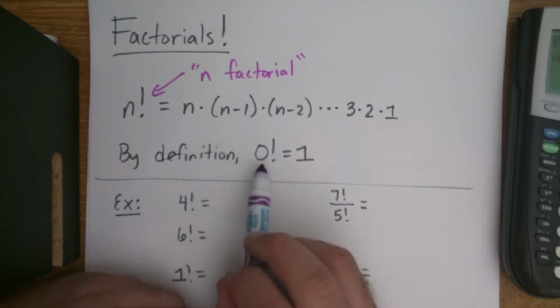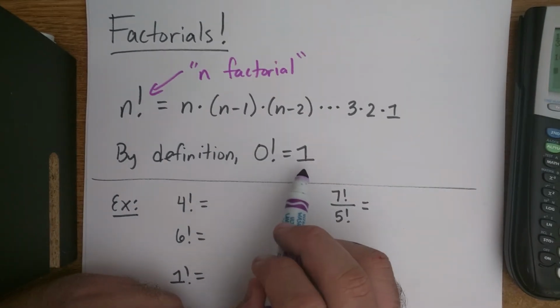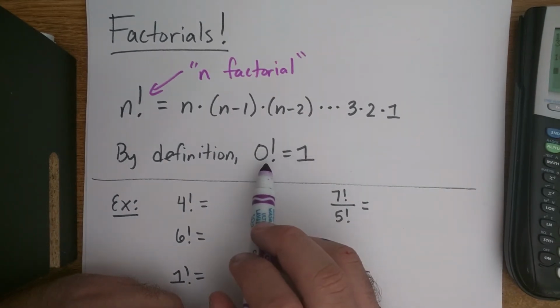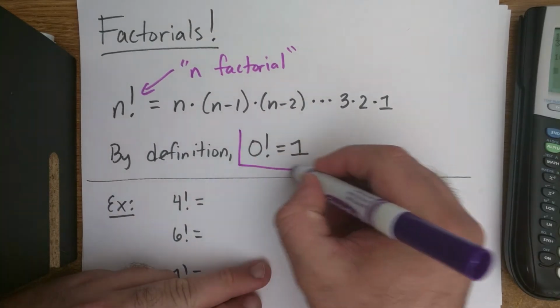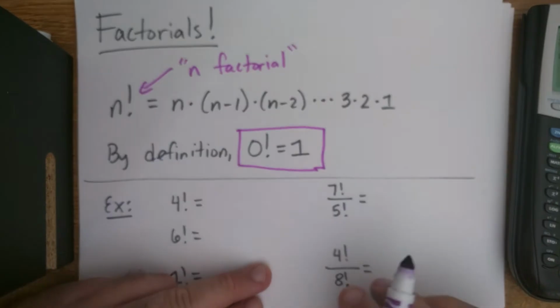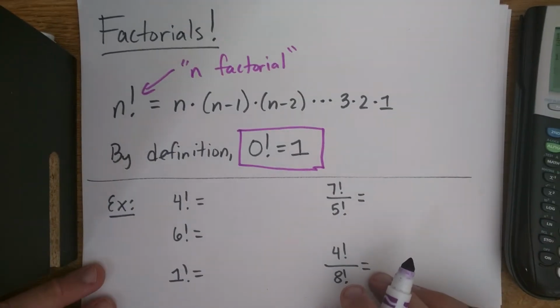And then by definition, 0 factorial is equal to 1. So if we ever get 0 factorial, it's just 1. You should definitely make a note of this if it ever pops up, which it may.